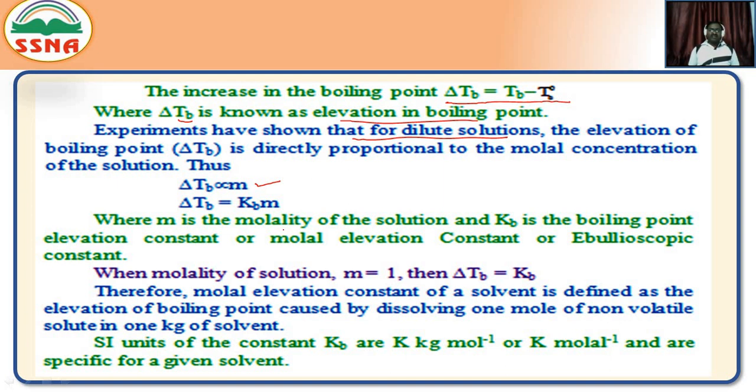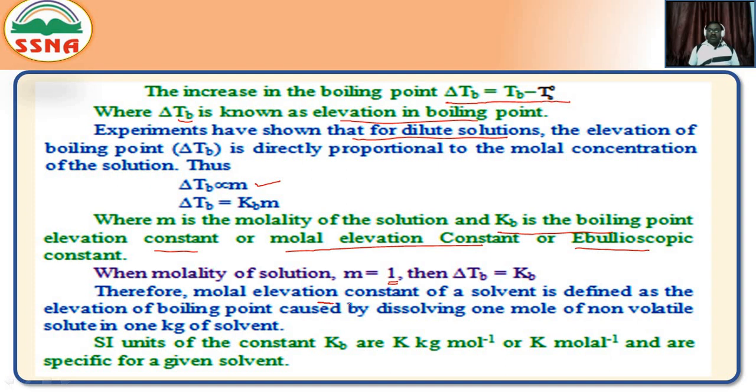Symbolically, delta Tb is directly proportional to m. Delta Tb is equal to Kb into m, where Kb is the boiling point elevation constant or molal elevation constant or ebullioscopic constant. When the molality of the solution m is equal to 1, delta Tb is equal to Kb.